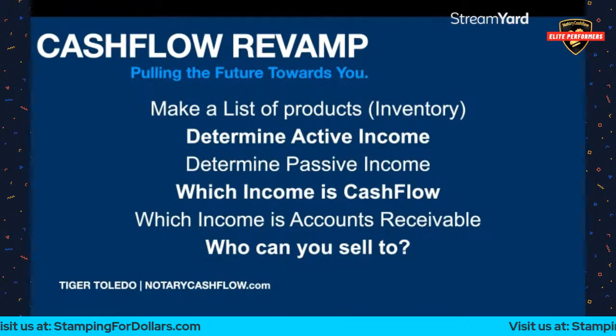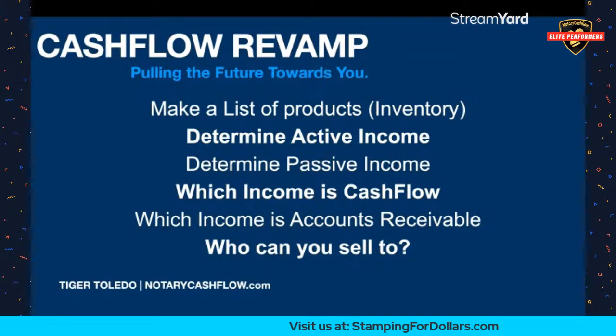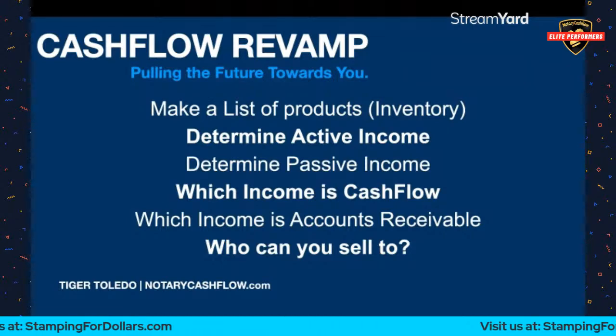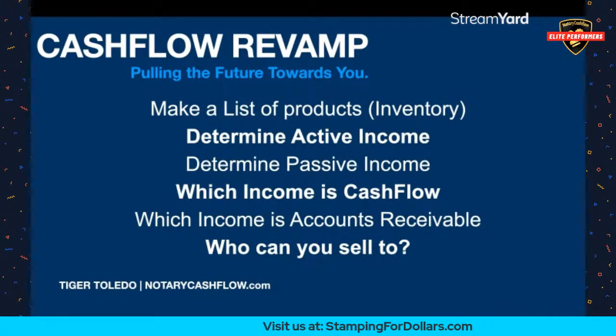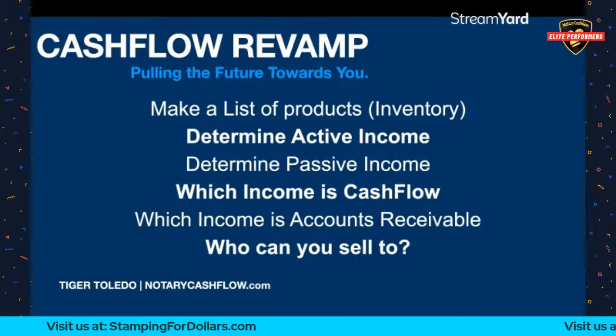So the first few things we need to do is make a list of our products, our inventory. Then we need to determine which are the active income in our life, whether even if you have a job, if you have a full-time job or a part-time job, that is active income. Calculate that because that is still cash flow coming in.